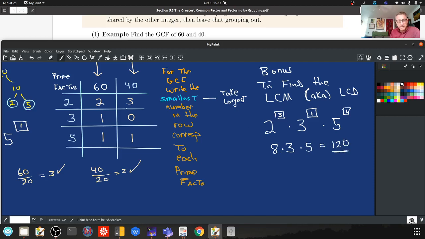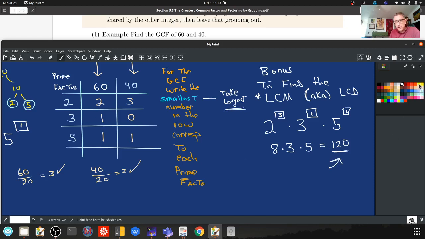So using the same procedure, you can find the LCM. And that's all I'm going to talk about it. But just remember, if you get this table method down, just the slightest modification by taking the largest number in each of the corresponding rows allows us to find the LCM. Where do you use the LCM?